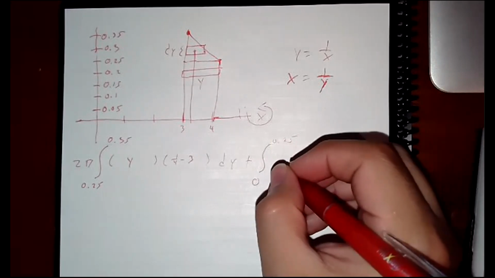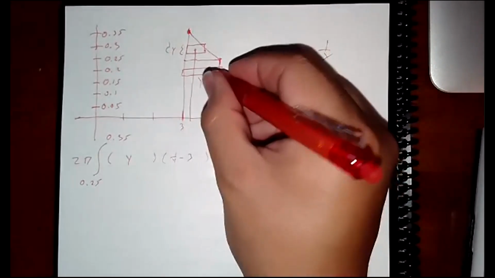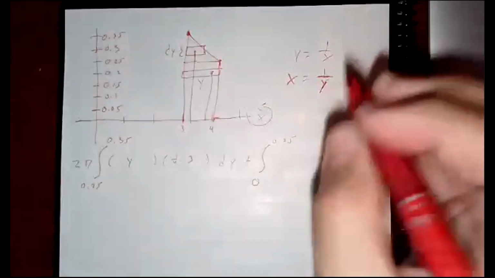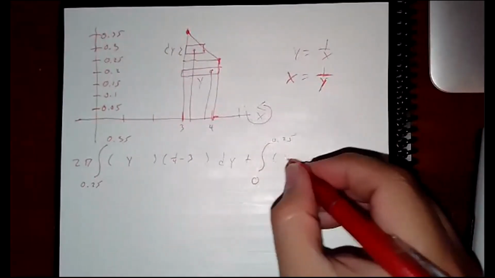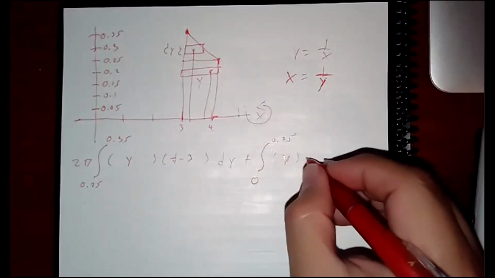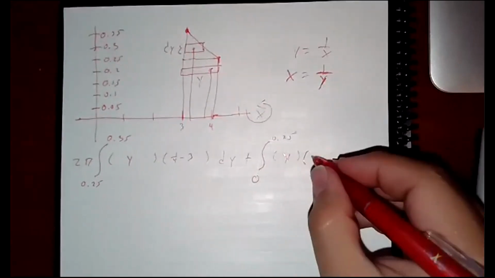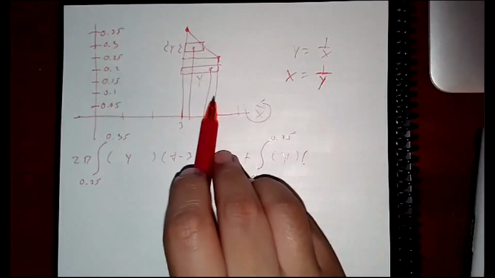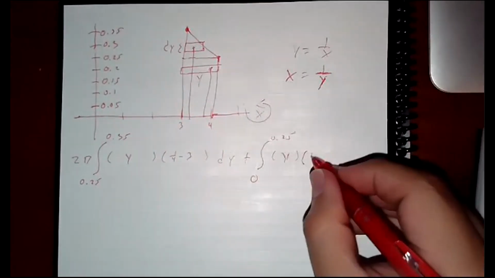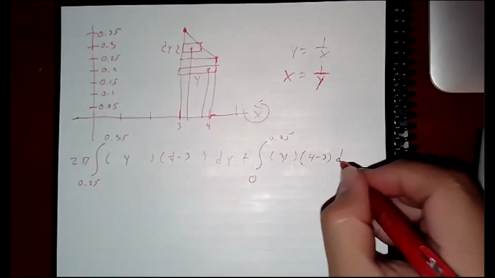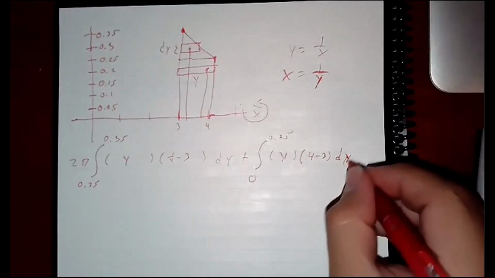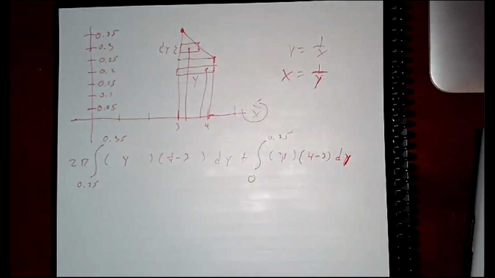That would simply be, again, some y distance times the right function minus the left function. You see how shell is a little bit harder for this one, but it can still work.